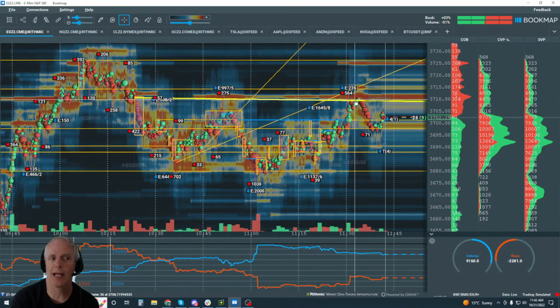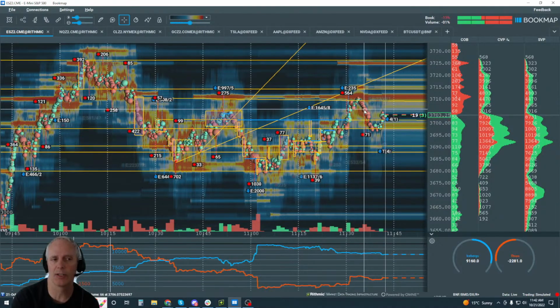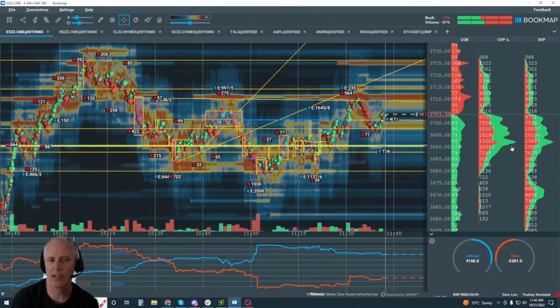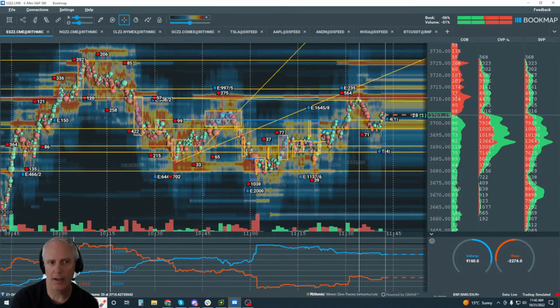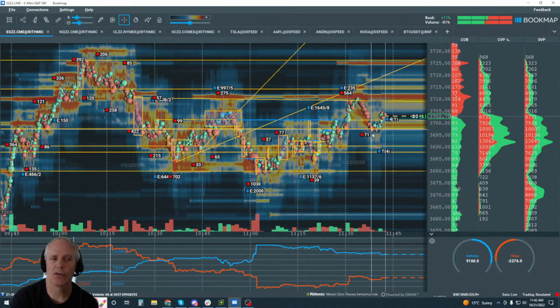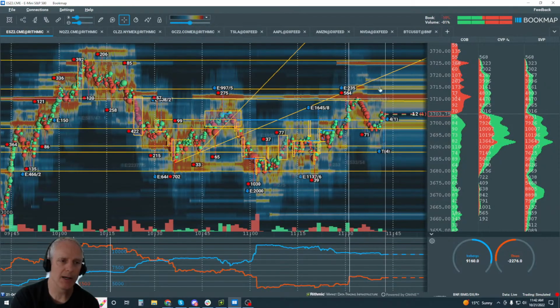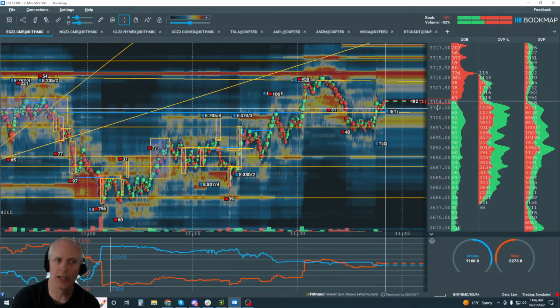Maybe you start to see a lack of buyers. It exhausts out. You start to see sellers roll in. Well, what are they going to do? They're going to trade it down to value where it can transact. They're getting a discount here. It's too high. So they'll trade it back down into here. Same concepts we've been going over in order flow, and it's all an auction.